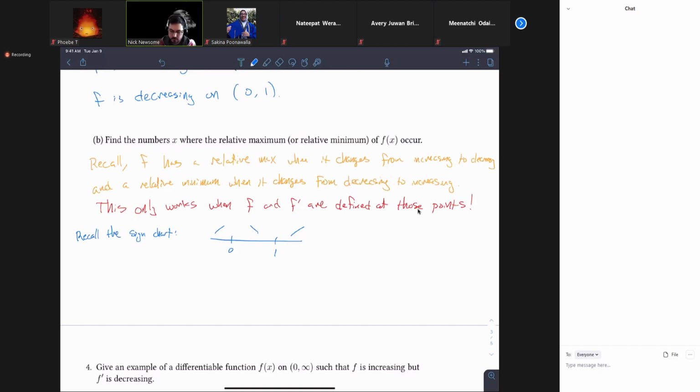All right. So it has a relative maximum when it changes from increasing to decreasing, as long as the function and its derivative are defined at that point. So where does it change from increasing to decreasing? That happens right there at x equals 0.